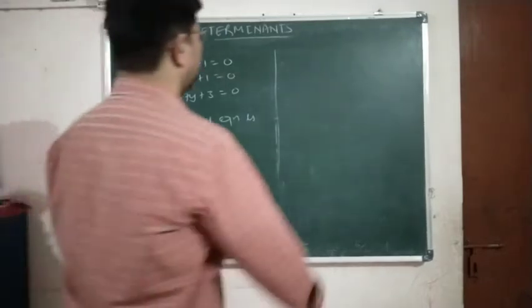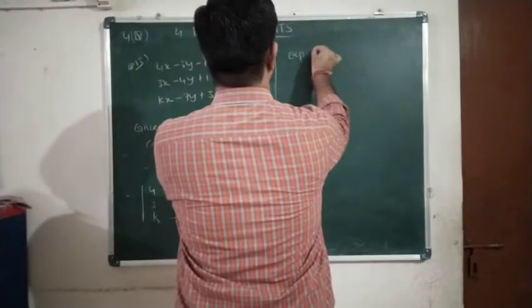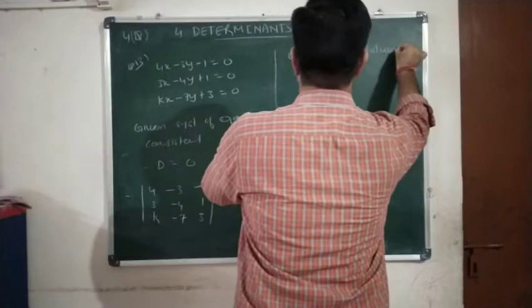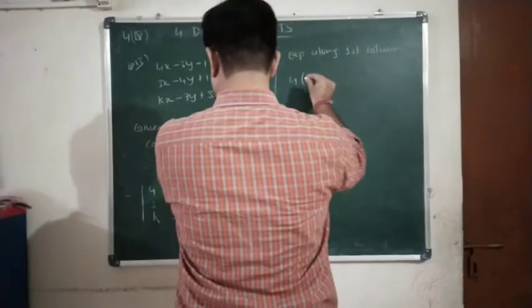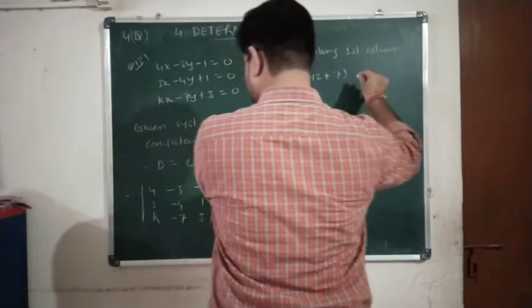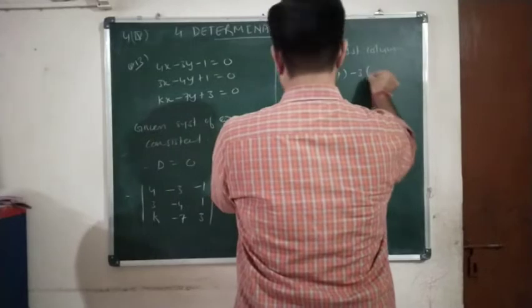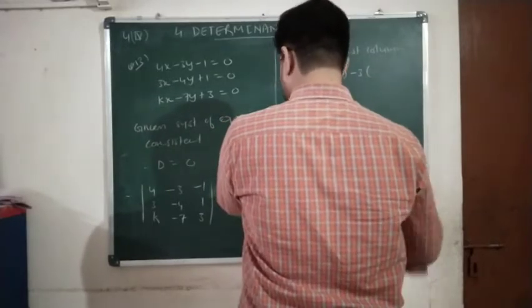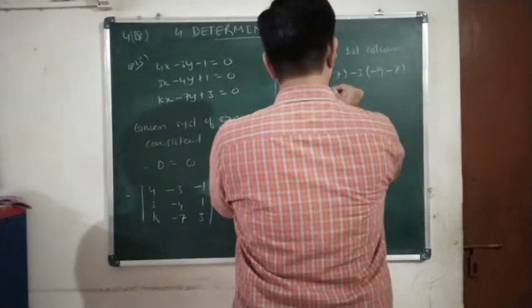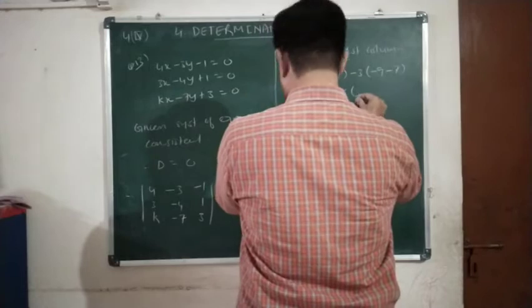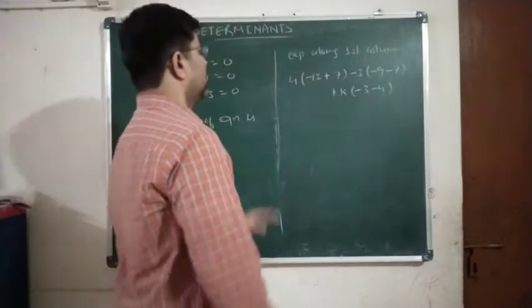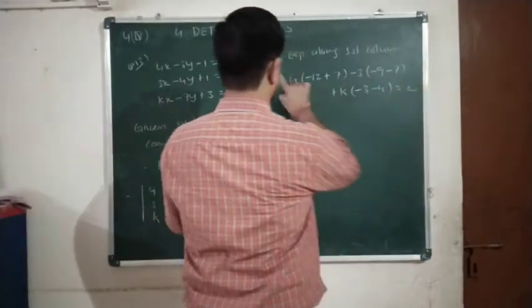Expanding along the first column. Okay, 4 into 4 3s are 12 plus 7, minus 3 into 3 3s are minus 9 and minus 7 plus k into minus 3 minus 4 equals 0.